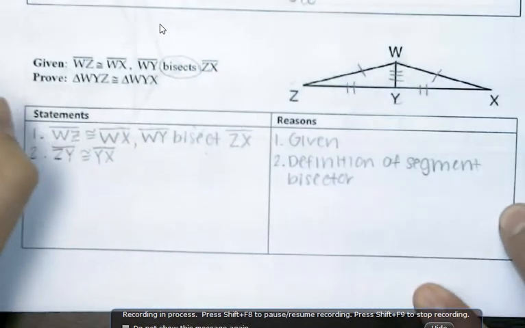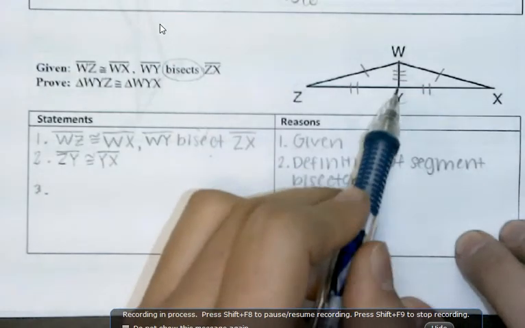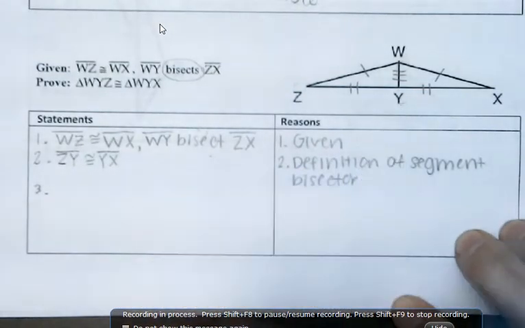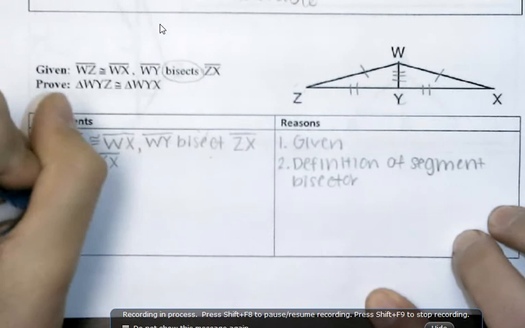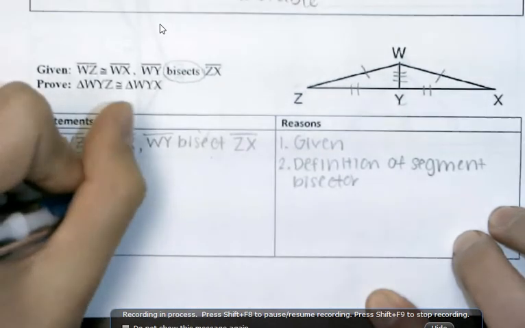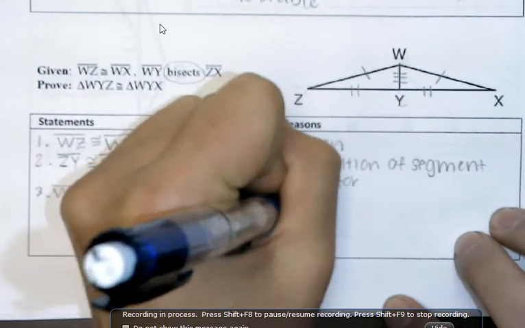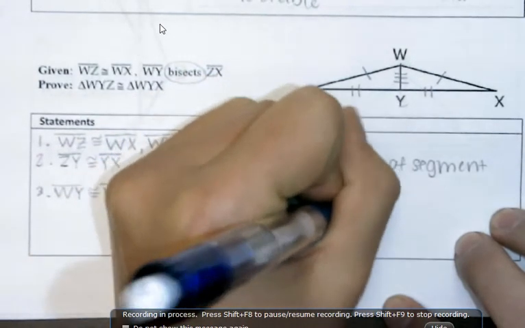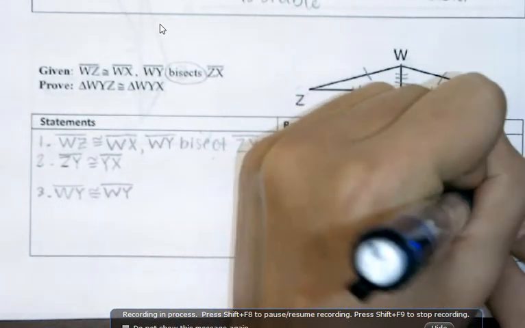Okay, number 3. I know that WY is congruent to itself. And the reason for that, again, is the reflexive property of congruence.